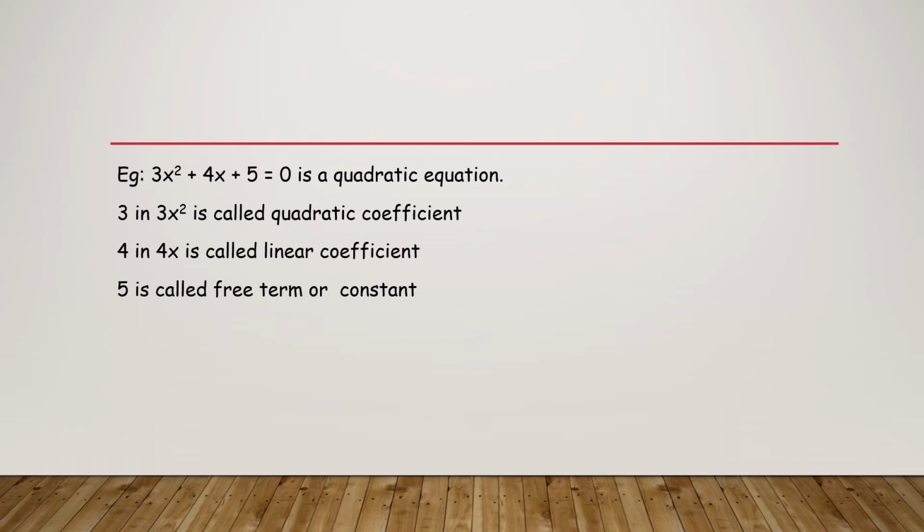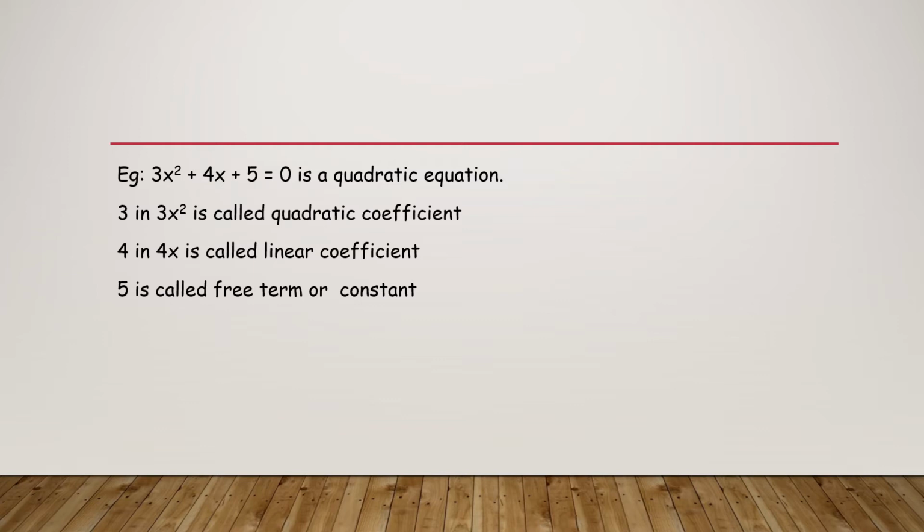Now let us take an example. Here I have taken 3x² + 4x + 5 = 0. It is a quadratic equation, and we can see that the equation is exactly in the form ax² + bx + c = 0.